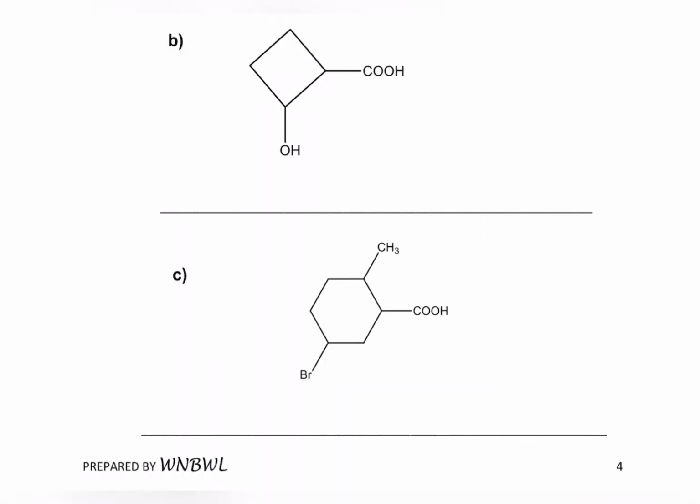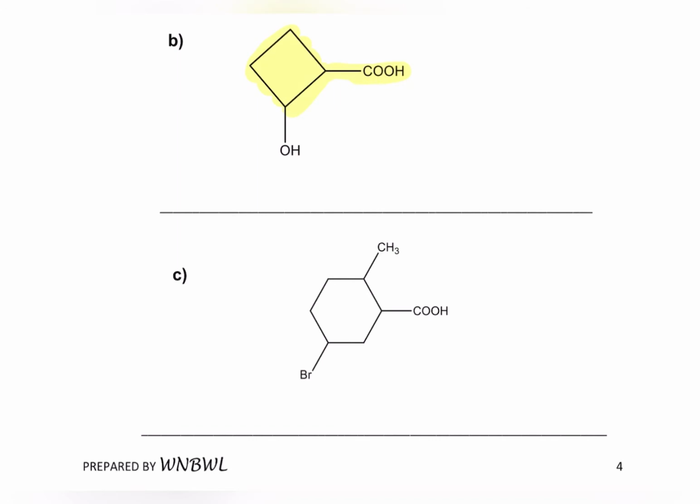If you see here, you've got the ring attached directly to an OH group and a COOH group. So which one is the one that we will use as parent? We are going to take the whole ring here, including the carboxyl group.